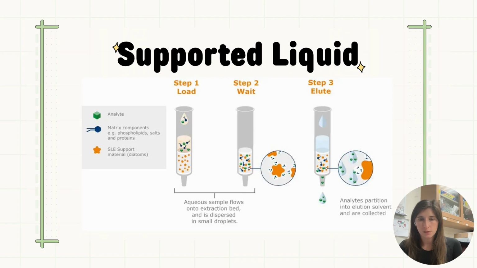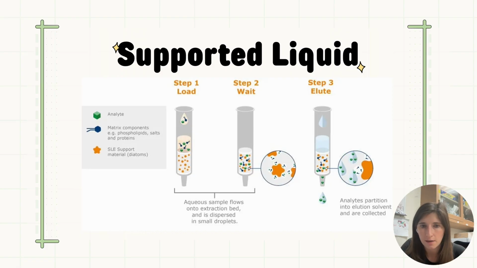This is what you would see in a supported liquid extraction. So pretty much you're just loading your sample that contains your analyte, your matrix, and that supported liquid extraction material. It's going to load on top of the sorbent pad, and then eventually it's going to load into it.